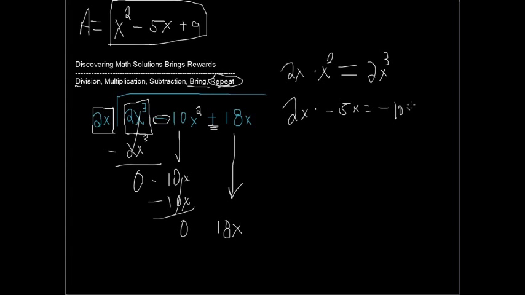And finally, we know that 2x times 9 gives us 18x, which are our 3 original numbers.